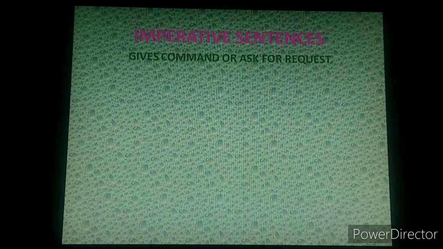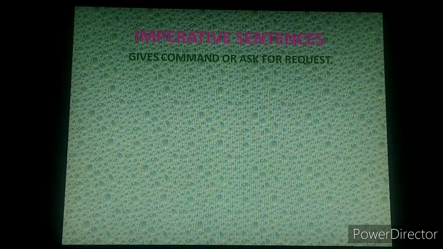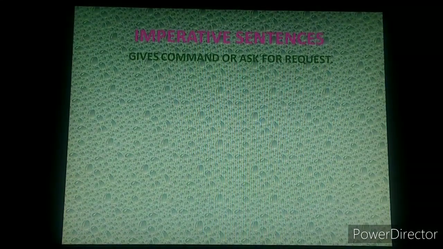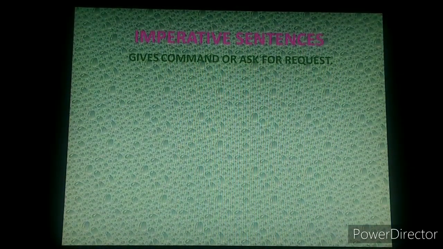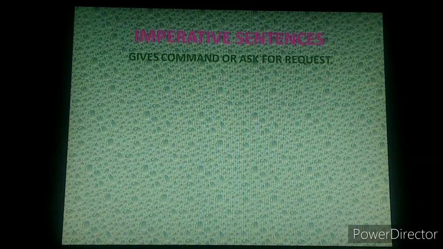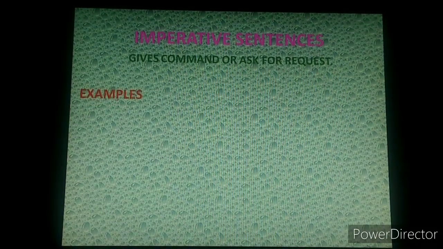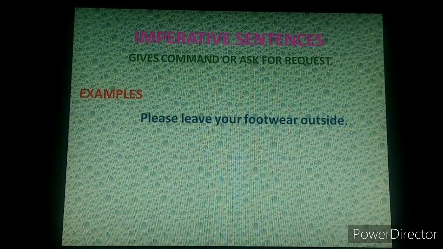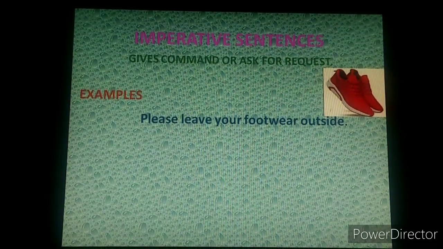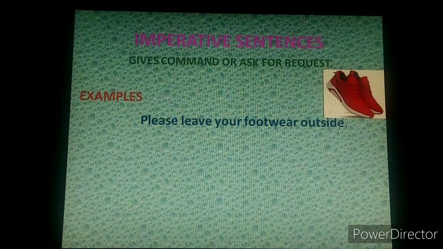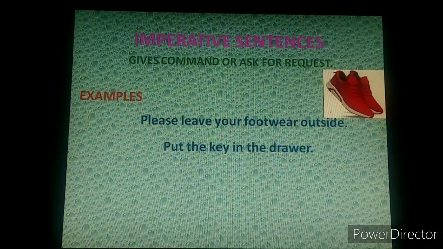The third one is the imperative sentence. A sentence that expresses a request, order, command, advice or instruction is known as an imperative sentence. So we can say imperative sentences give us a command or ask for a request. For example, "Please leave your footwear outside." Here I am requesting you to keep your footwear outside.